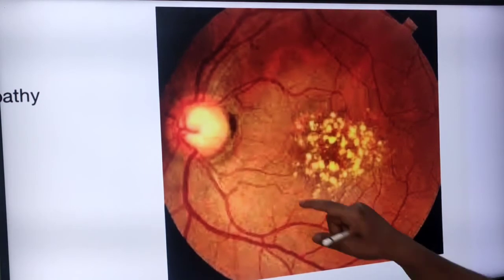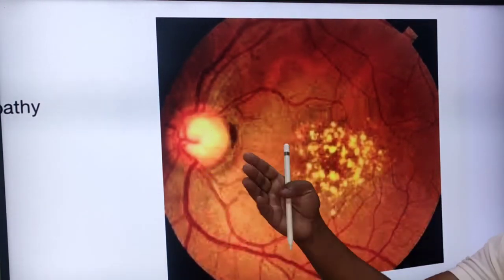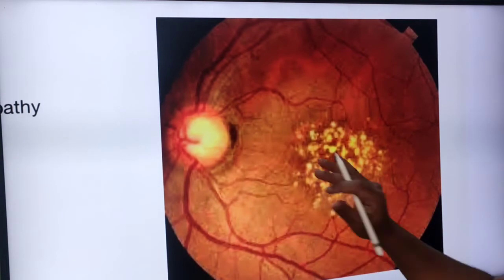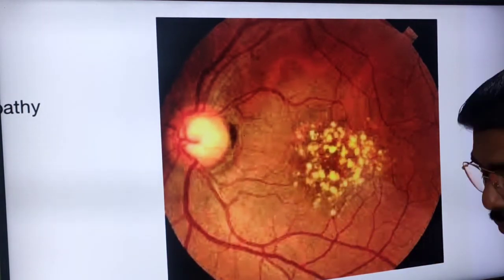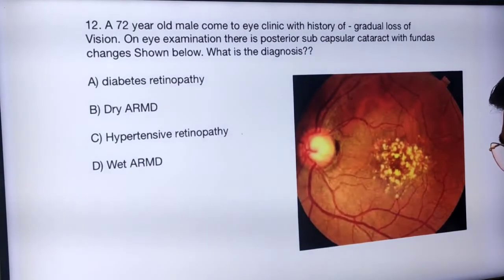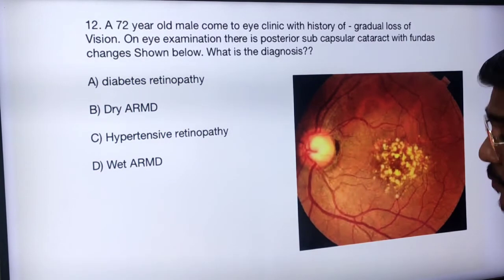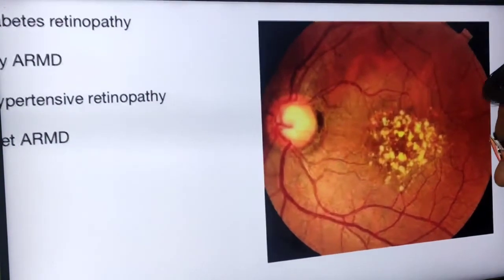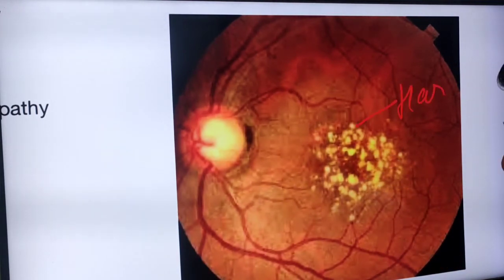See this, the disc is almost normal, however some disc pallor is there, not significant for this question. These yellow crystals, what do you think? These are the hard exudates.